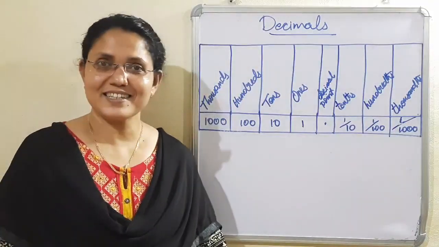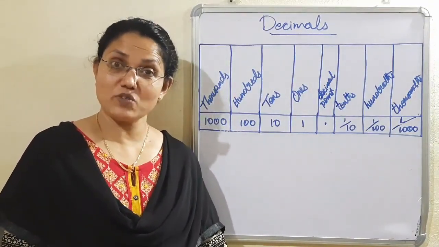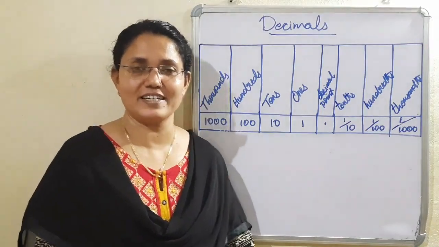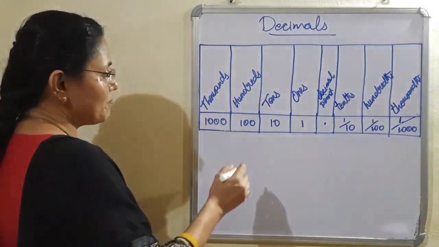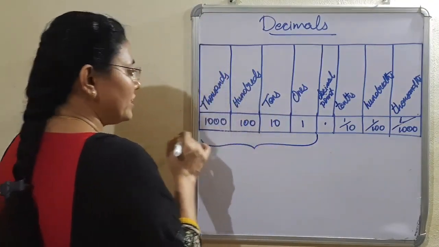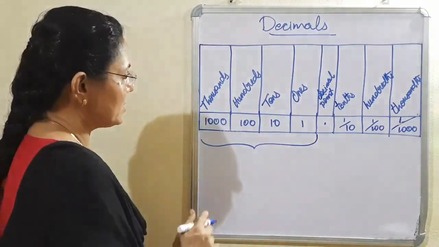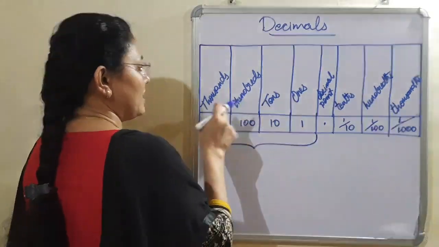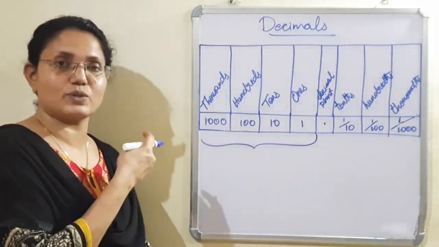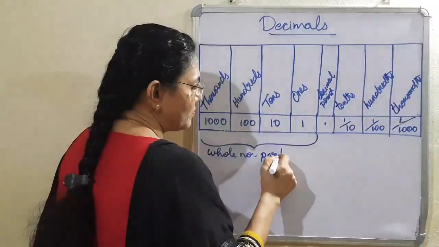This is the place value chart of decimal numbers. The place value chart of a decimal number has 3 parts. Which are the 3 parts? One is the whole number part, meaning the counting numbers above 0, that is ones, tens, hundreds, thousands, ten thousands, lakhs, etc. All these come under the whole number part.